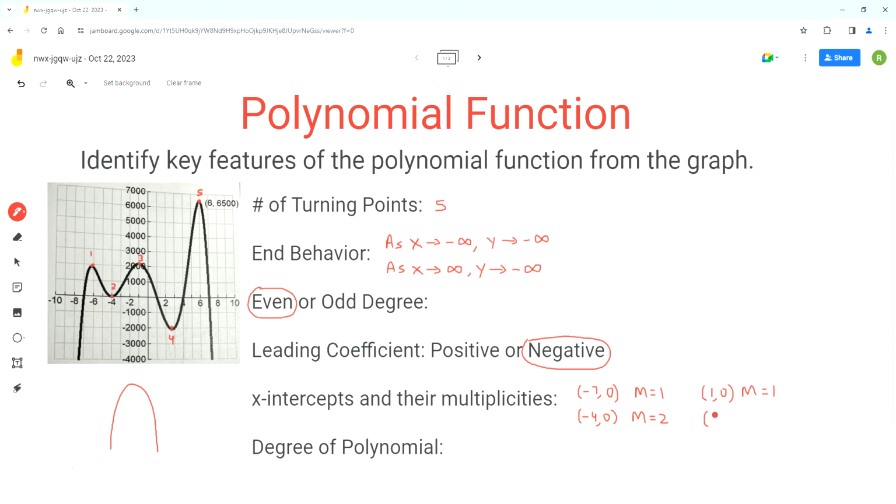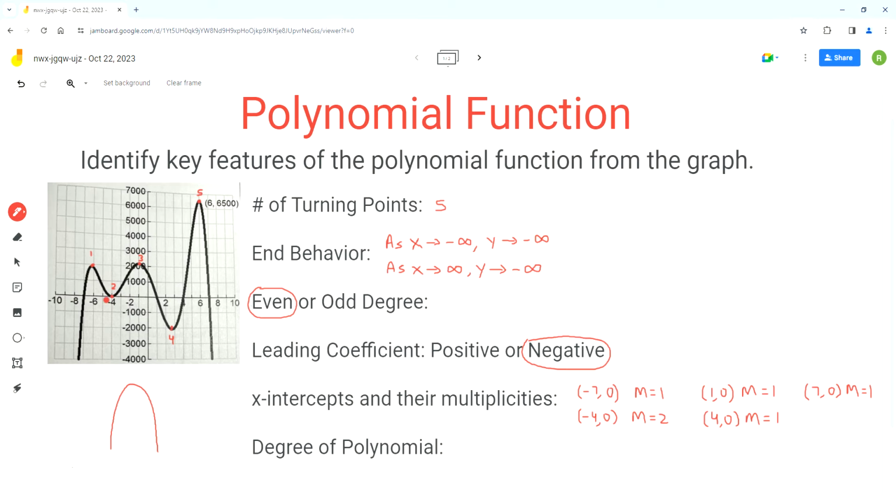So the multiplicity at x-intercept 4 is also equal to 1. Now the next x-intercept is 7 and the graph passes straight through it. So the multiplicity at (7, 0) is also equal to 1.